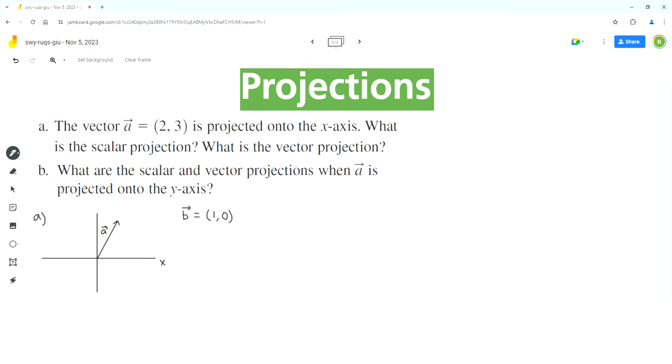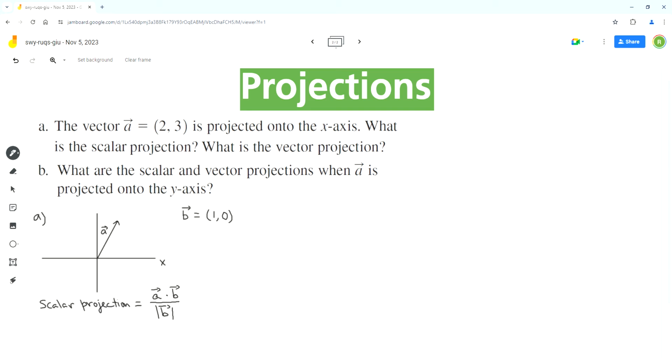So for that we can use the formula for scalar projection. And the formula is... so this is the formula for scalar projection, and for this formula the length of vector B doesn't matter.